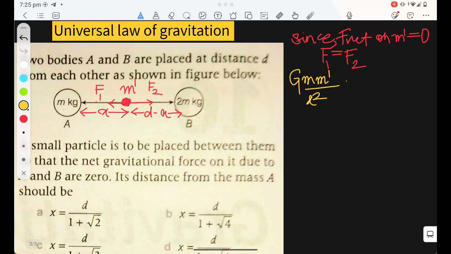This must be equal to F2, again G times the second mass 2m and m dash. F2 is the force between 2m and m dash, so that is G 2m m dash divided by the distance between them, d minus x, whole square.